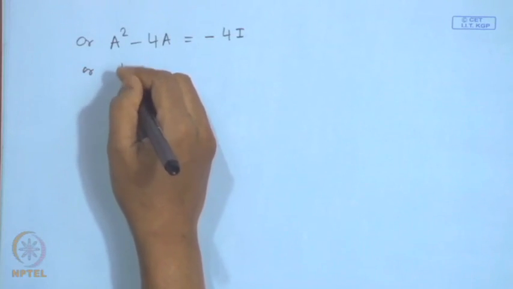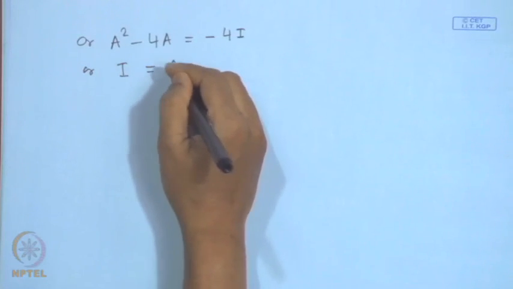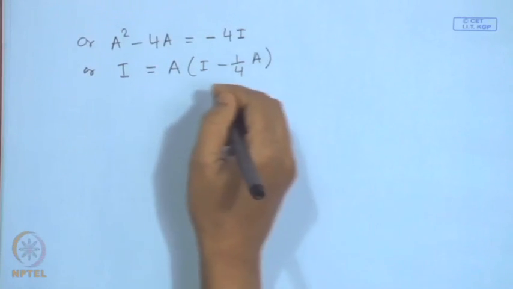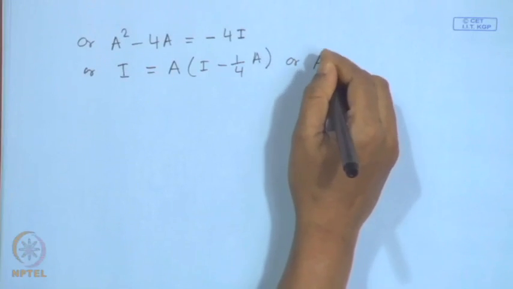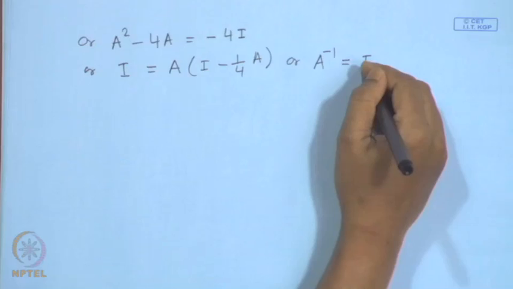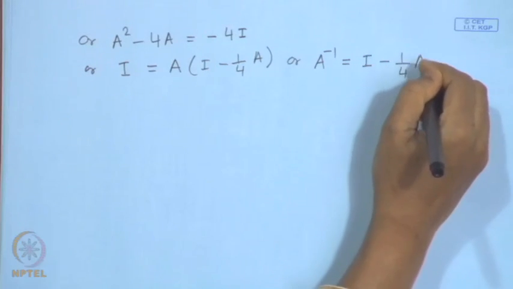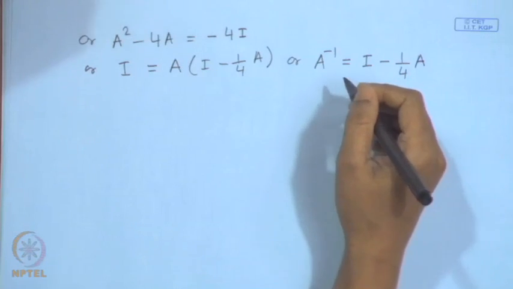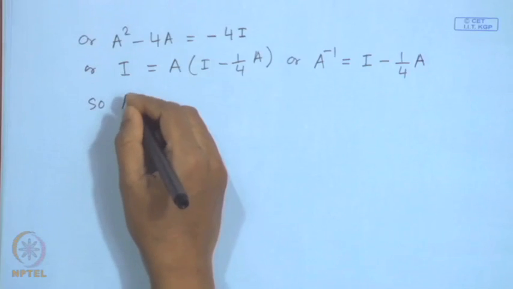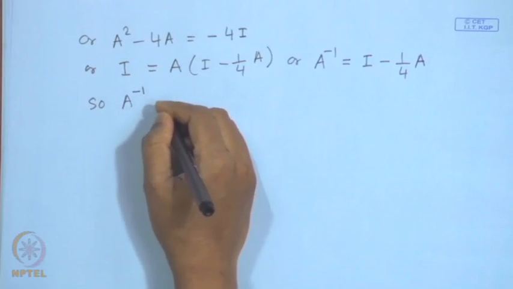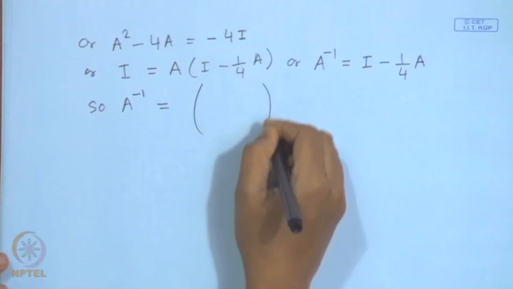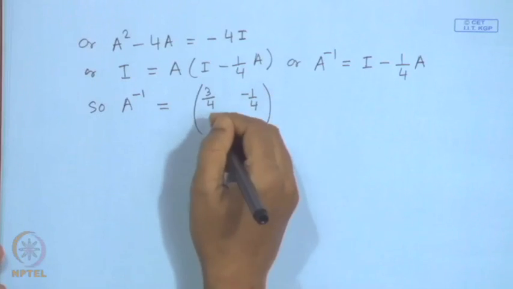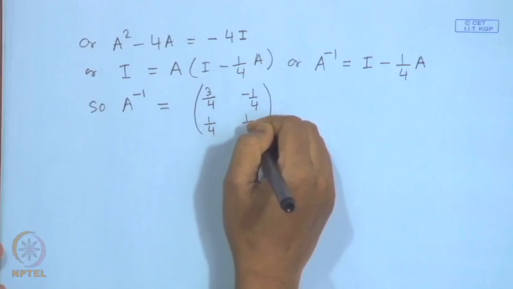On simplifying we get that I equals A times (I minus 1 by 4 A), so A inverse is the matrix I minus 1 by 4 A. Now we know the matrix A and the identity matrix, so we can find the inverse of A, and one can compute that it is 3 by 4, minus 1 by 4, 1 by 4, 1 by 4.